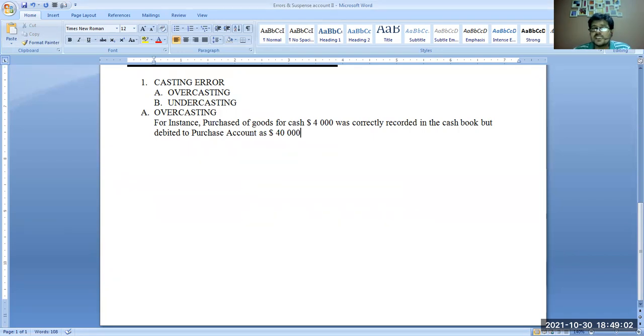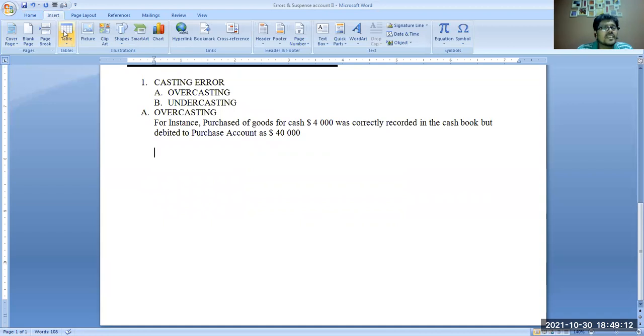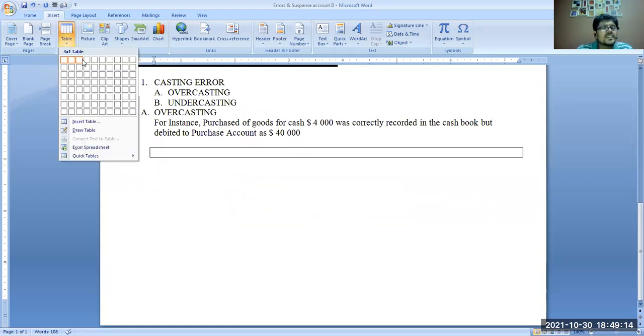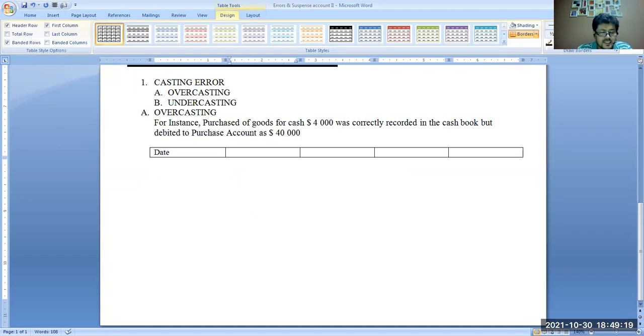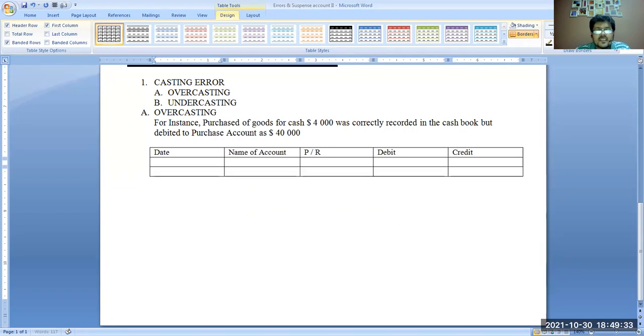This is called overcasting. So we have to rectify this error using a general journal entry, with date, particulars.